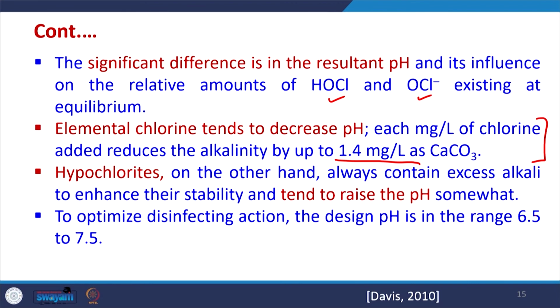To optimize the disinfecting action, the design pH is generally in the range of 6.5 to 7.5. In this range we generally get very good disinfection, and we are able to disinfect most of the pathogens out of the water if we are using chlorine as a disinfecting agent.